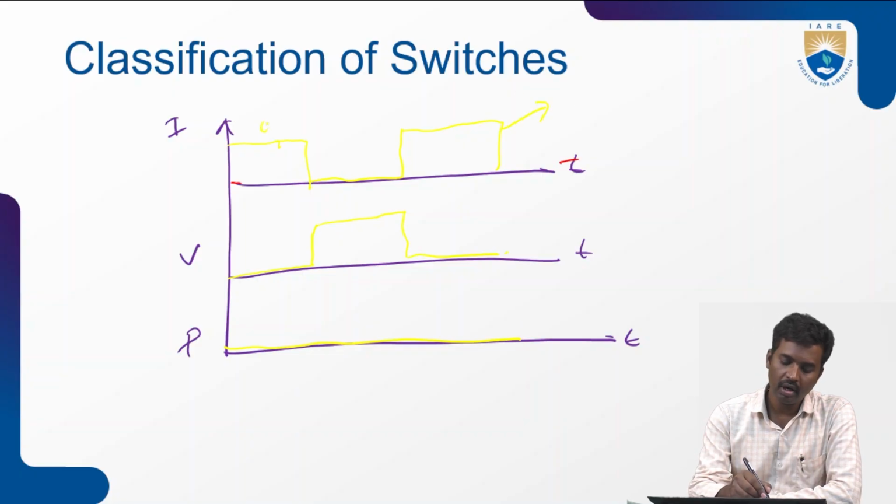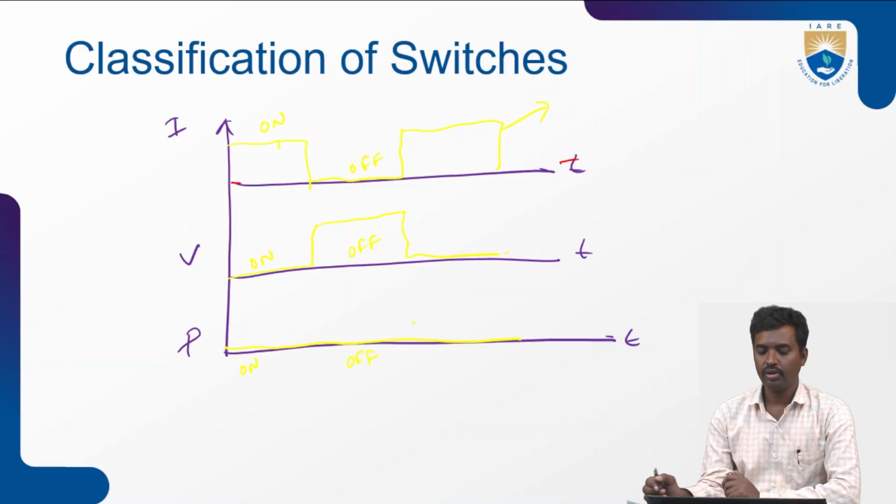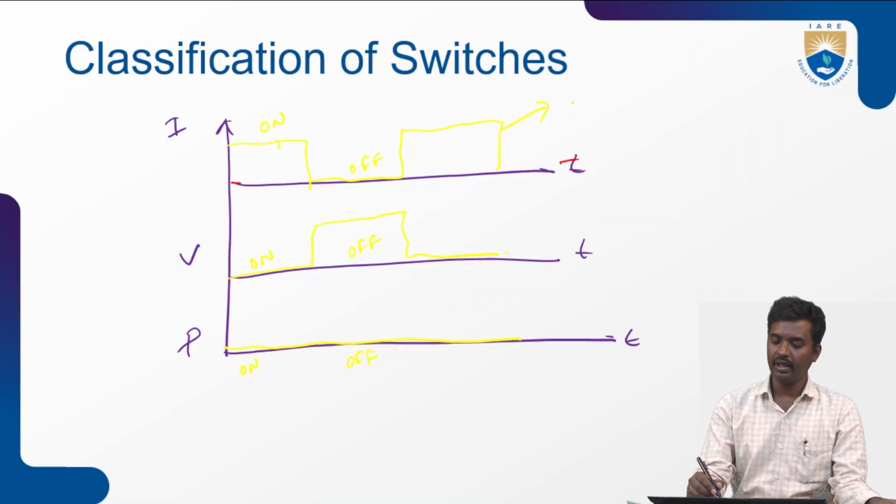So on condition, off condition, on condition, off condition, on condition, and off condition. So this is for the ideal, yellow color, ideal case.